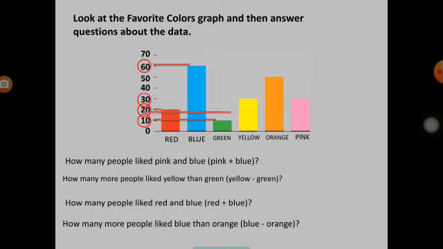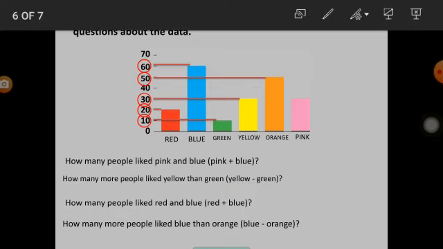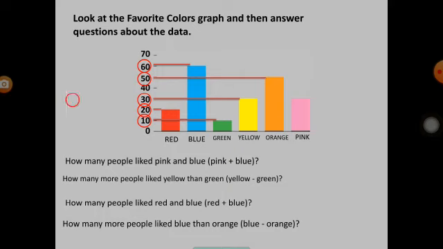And how many like yellow? 30. And how many for orange? 50. And how many for pink? 30. So, how many people like pink and blue? Our answer here will be 30 plus 60.